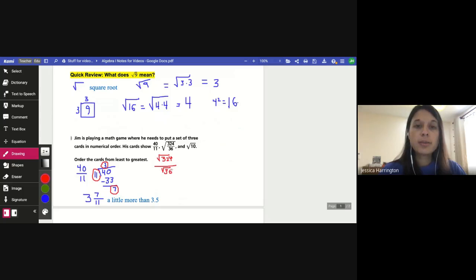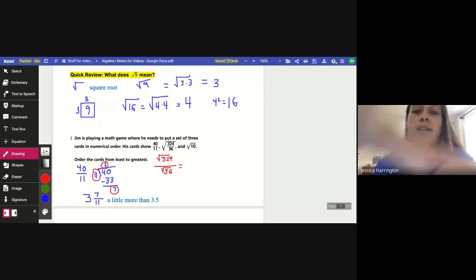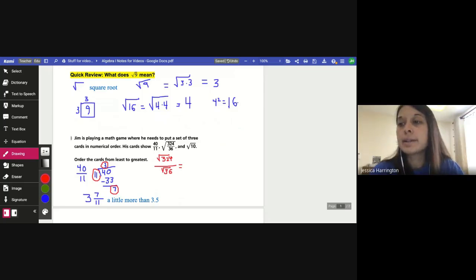I don't know what number times itself gives me 324, but I do know what number times itself will give me 36. Do you guys know what that is? Well, 6 times 6 gives me 36. So I know the bottom number is 6.